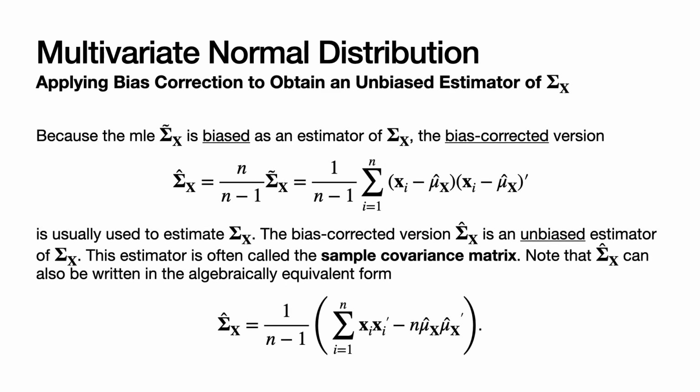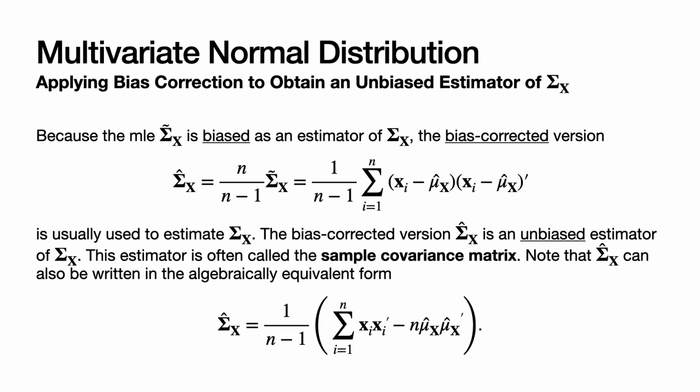Because the MLE of the population covariance matrix is biased, it is typically not used as an estimator. Instead, it is adjusted to correct for the bias, and the resulting adjusted estimator is then used. Recall that the individual estimators comprising the MLE matrix, its individual entries, are biased towards 0.